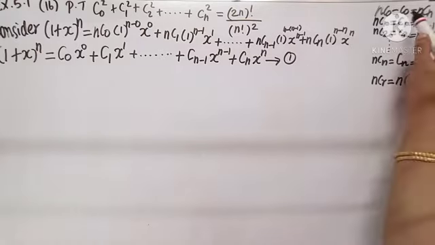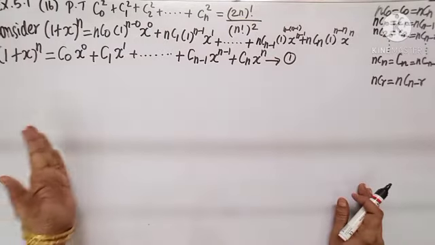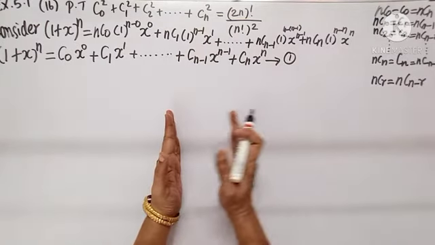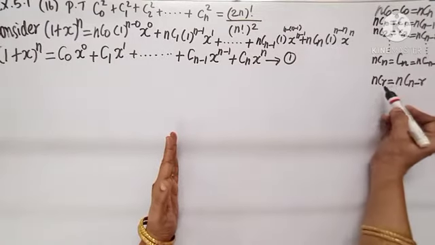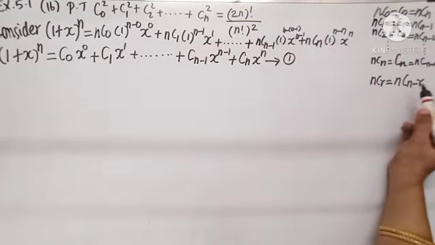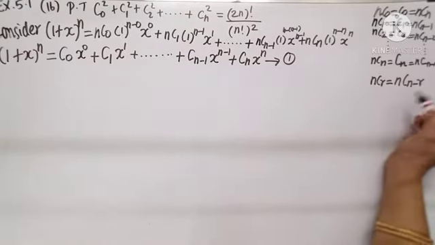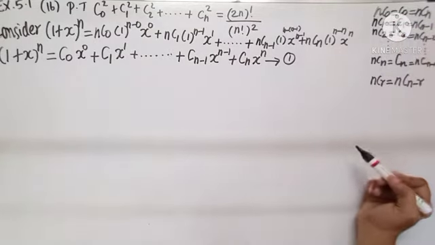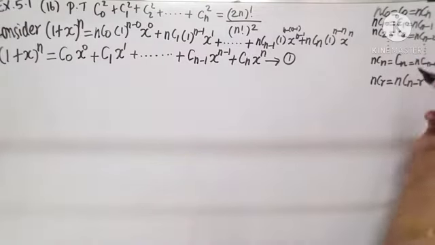So, wherever C0 is coming, I can write Cn. Remember in Pascal's triangle, from the beginning and from the ending, the terms are the same. So terms equidistant are the same. The main idea is nCr equals nC(n minus r). So applying this idea, instead of nC0, I can write nCn. In a similar manner, C0 can be written as Cn.